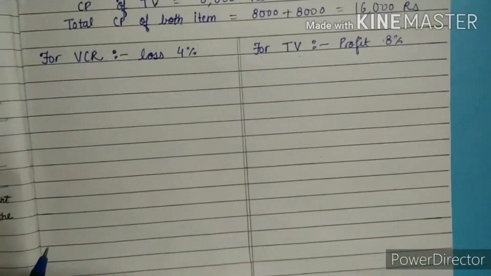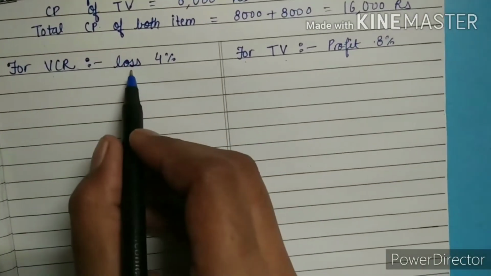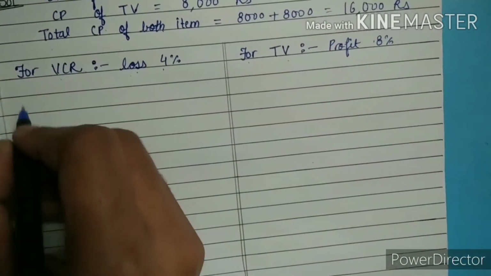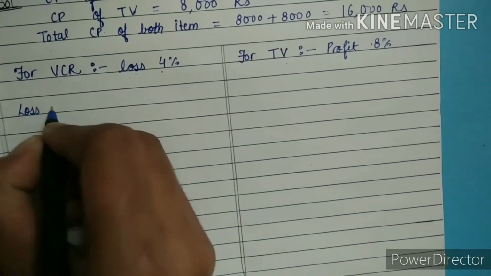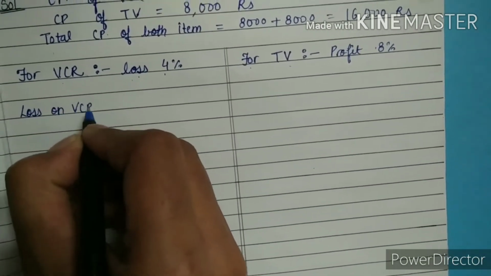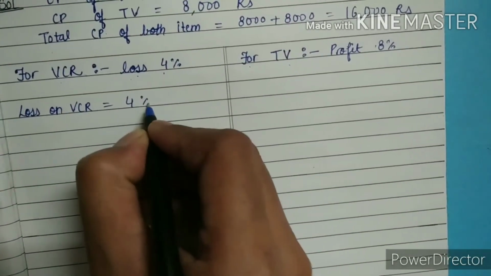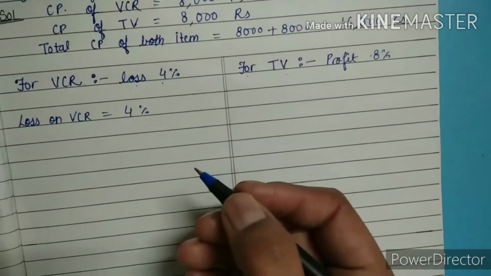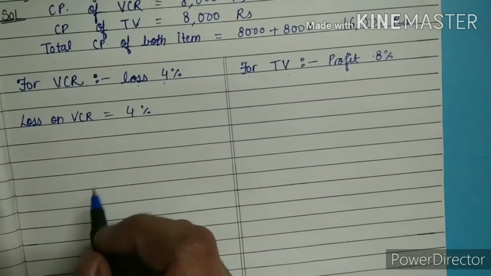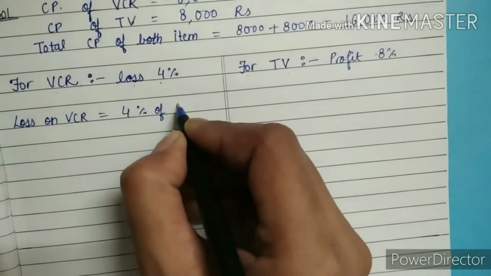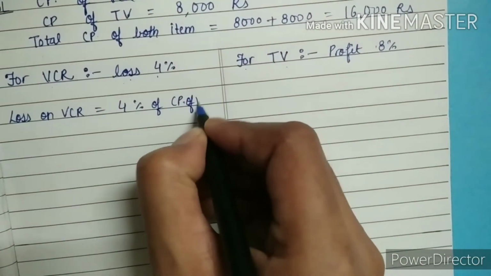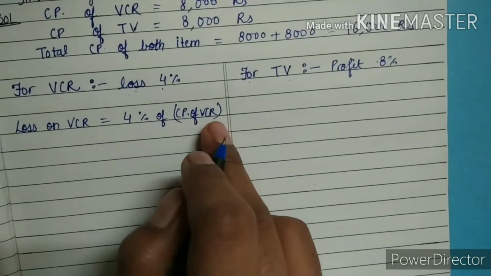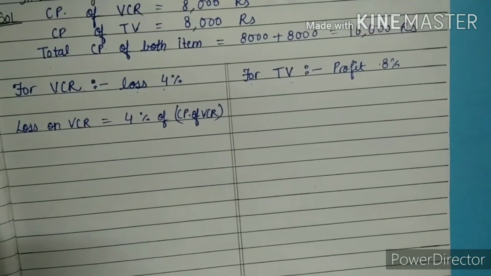So here you can see for VCR we already wrote loss 4%, so that is loss on VCR, and loss or profit is always compared with cost price. So of the cost price of VCR, because it is VCR, we have to compare it with the cost price of VCR.